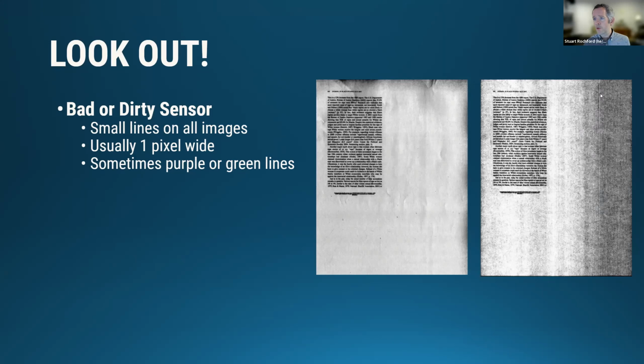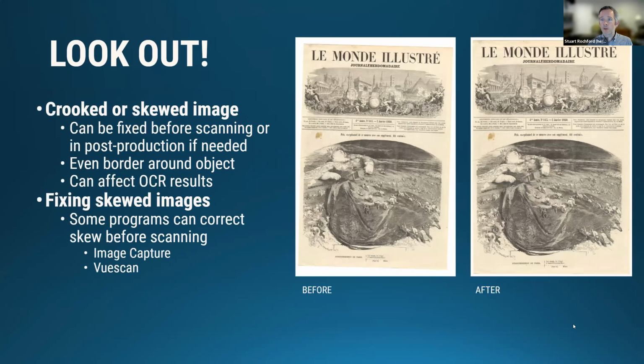This was just due to the sensor failing, and once we replaced it, we were left with a much better scan of the same page. So when you're seeing horizontal or vertical lines going throughout the entire image, that typically is a sign of a sensor that might be failing. So that's one thing to keep an eye out for. And they can be purple or green lines, and that's an indication that it is a sensor that might be on its way out.